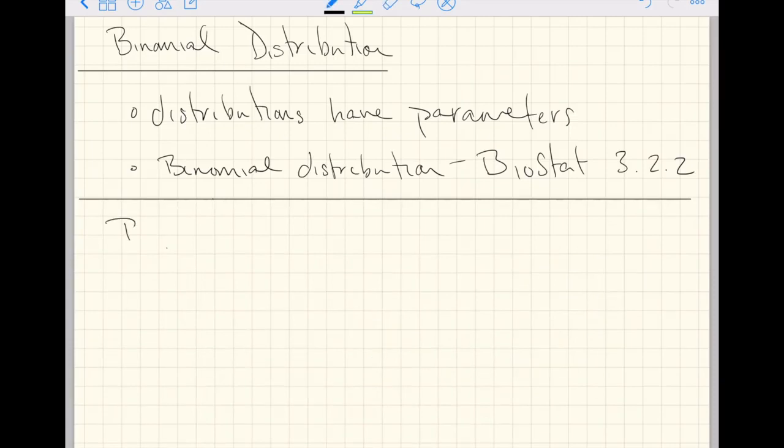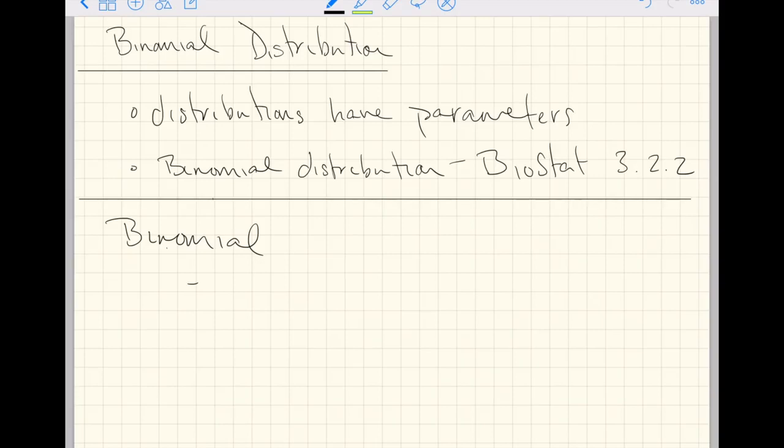For the binomial distribution, we're going to be able to estimate a population mean, but it's going to be related to the Bernoulli in very specific ways. So let's detail how the binomial distribution is related to the Bernoulli, and then we'll get into R and show more specific examples. They'll be fake, but I think you're catching on to the idea.